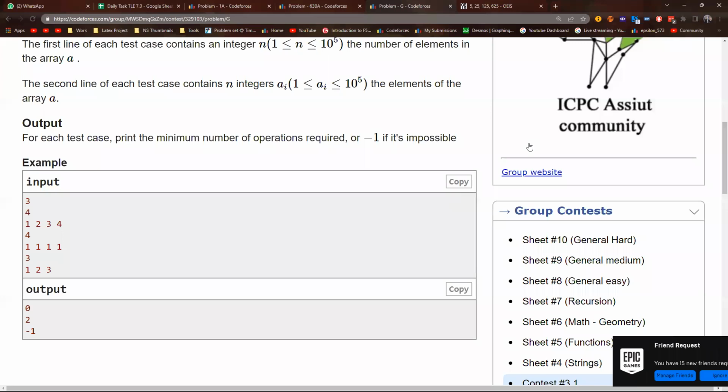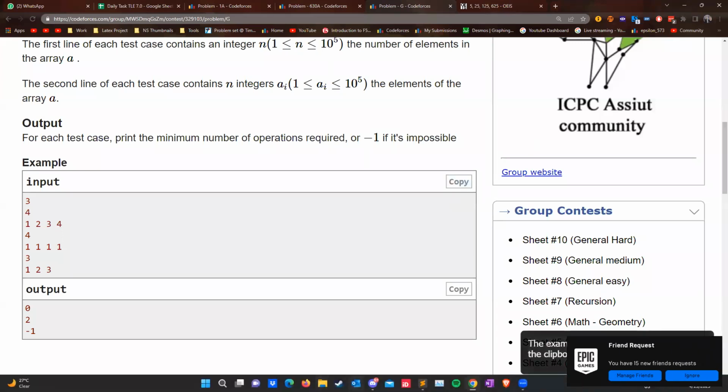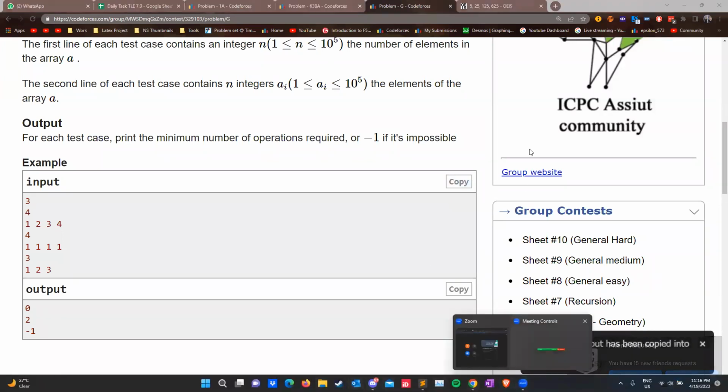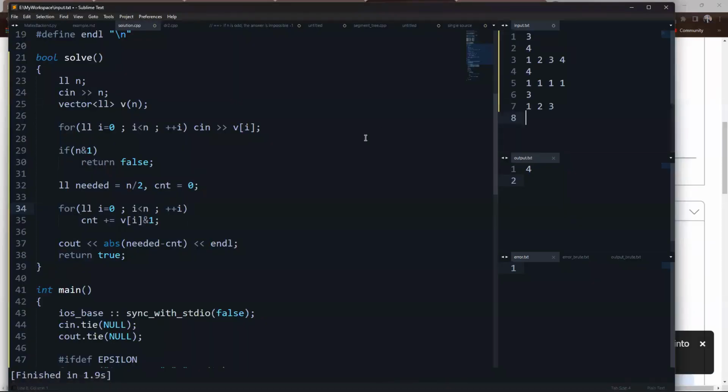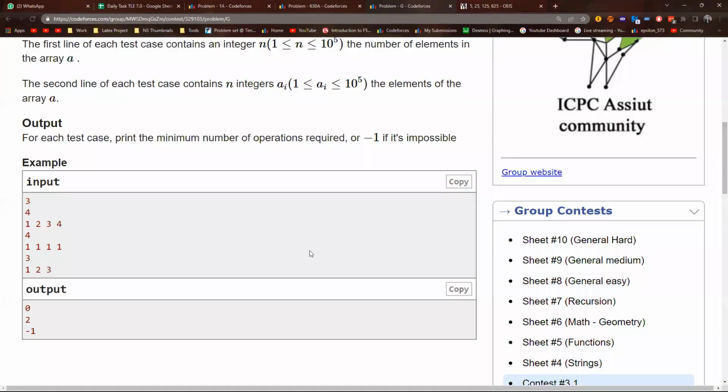So let's copy the input for this as well. Right, so we get 0, 2, and minus 1, and that was the answer.